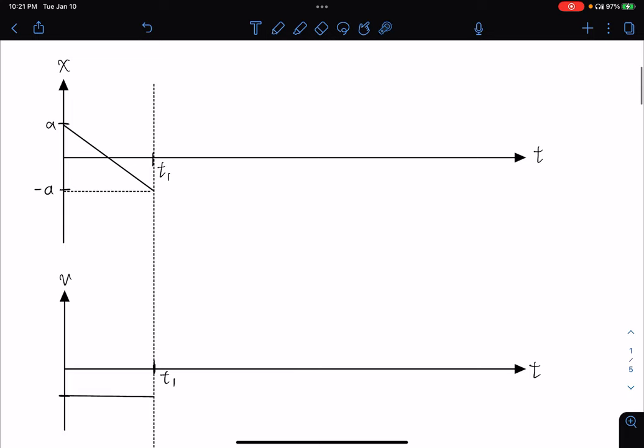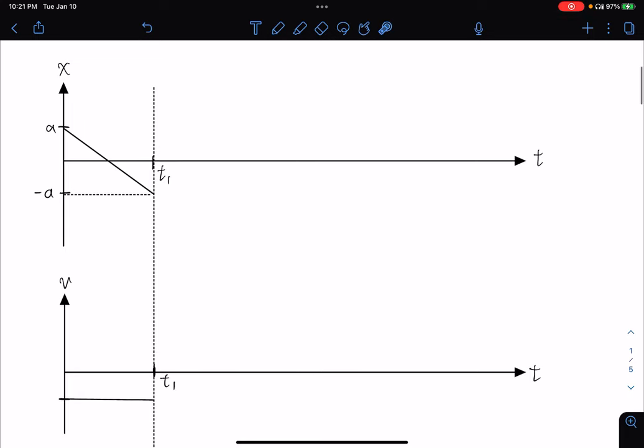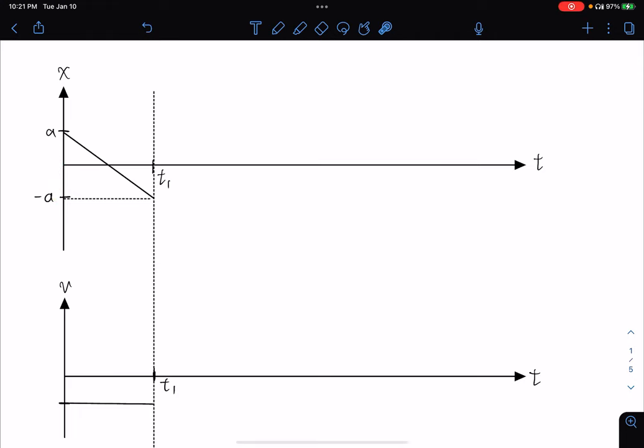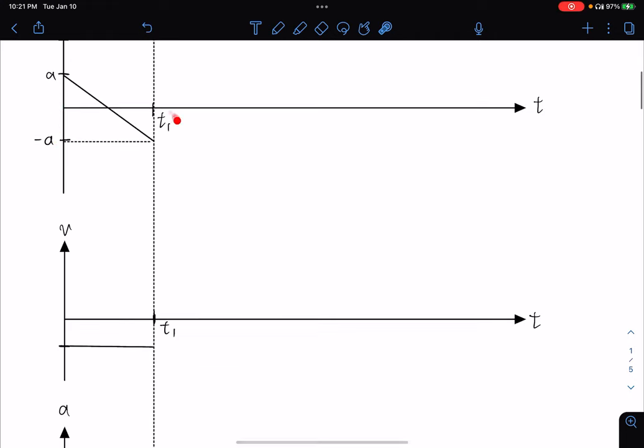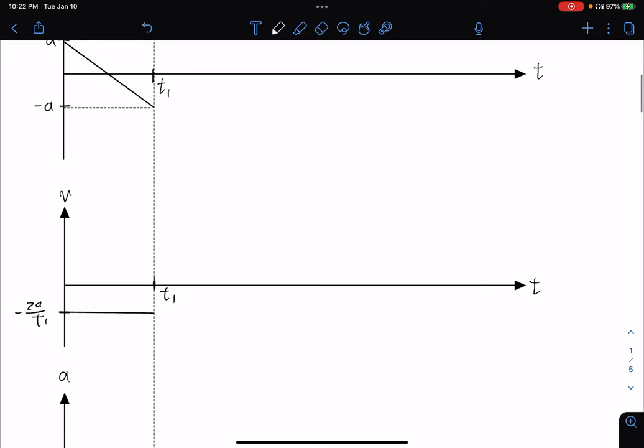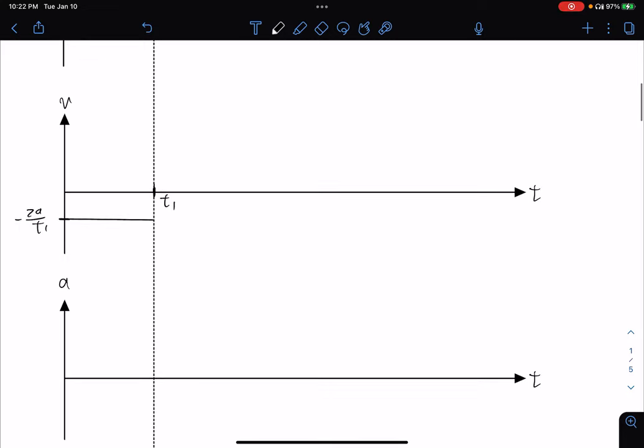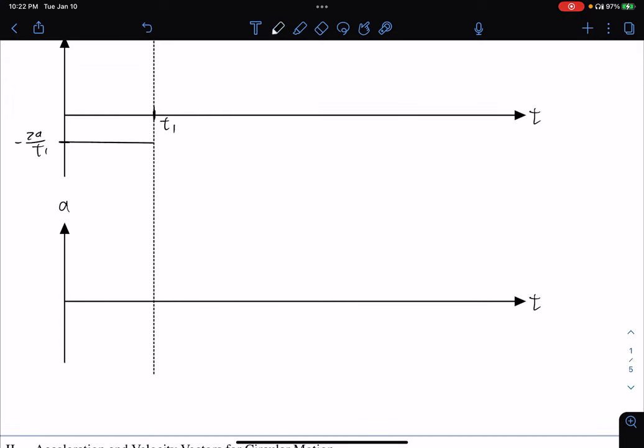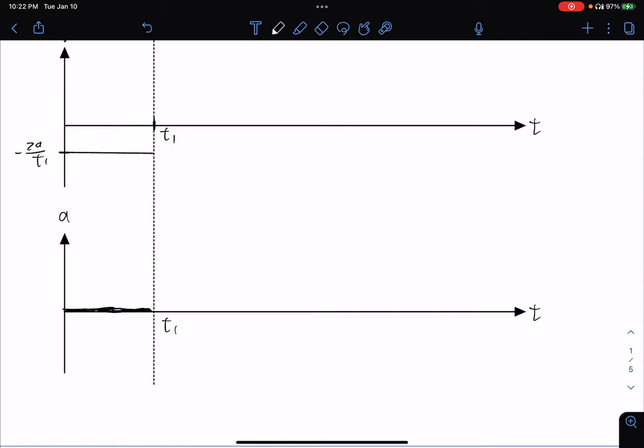We can also deduce the value of the velocity because the total distance it traveled is 2a, and it spent a time t1. So the speed is 2a divided by t1, but the direction is downward, so the velocity is negative. Because the velocity is not changing in this period, the acceleration will be 0. Therefore, it's going to be horizontal and lie on the x-axis.